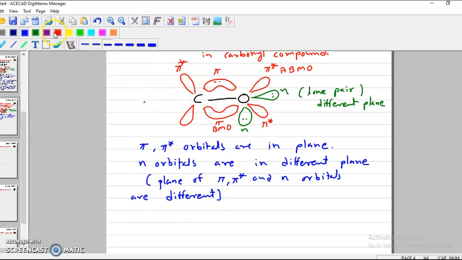First of all, let us discuss pi to pi star transition. Here, one electron from the pi orbital transfers to the pi star orbital. This is known as pi to pi star transition.